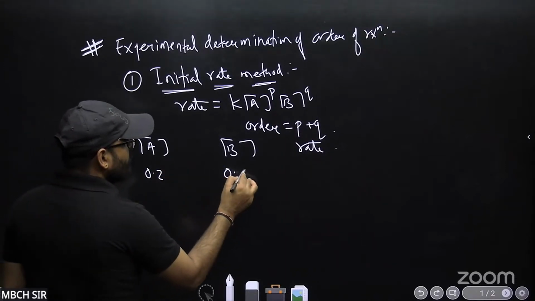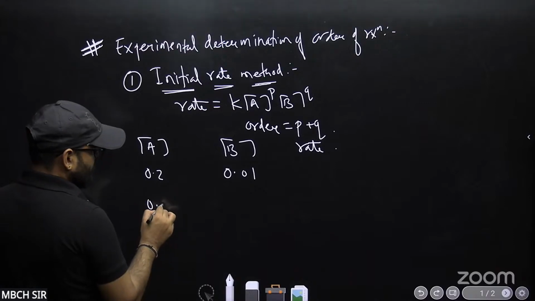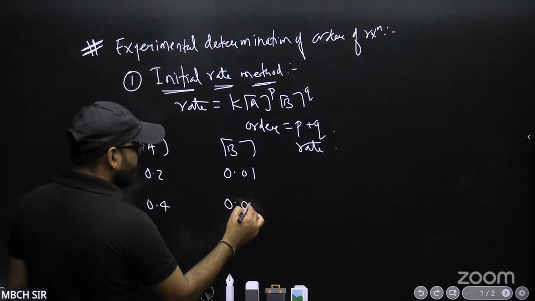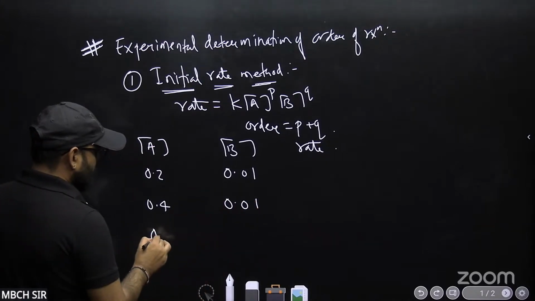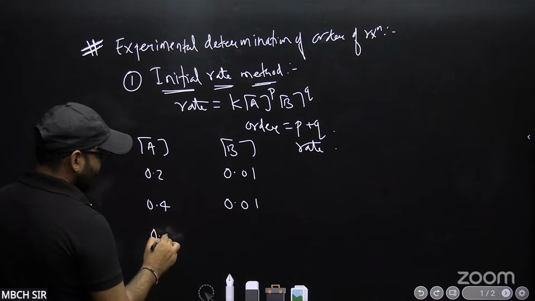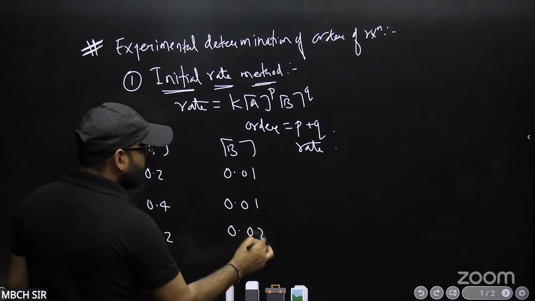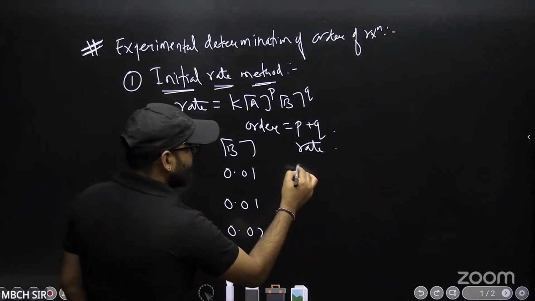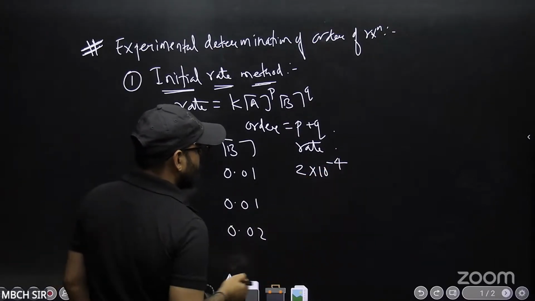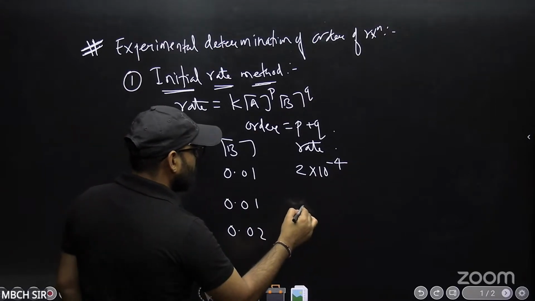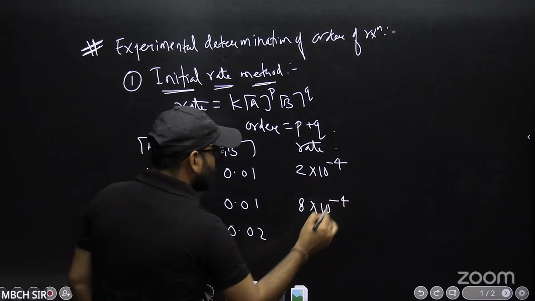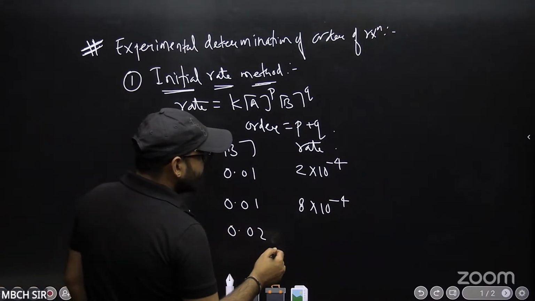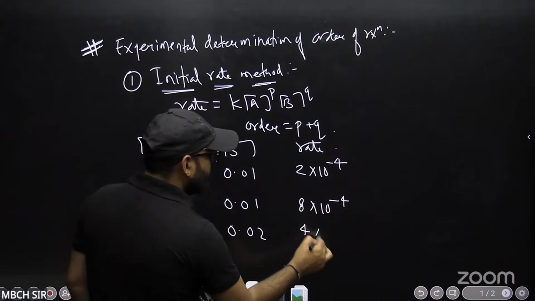Let's say I'm giving some data. [A] is 0.2, 0.4, 0.2, and [B] is 0.01, 0.01, 0.02, and the rates are 2 into 10 to the minus 4, 8 into 10 to the minus 4, and 4 into 10 to the minus 4.